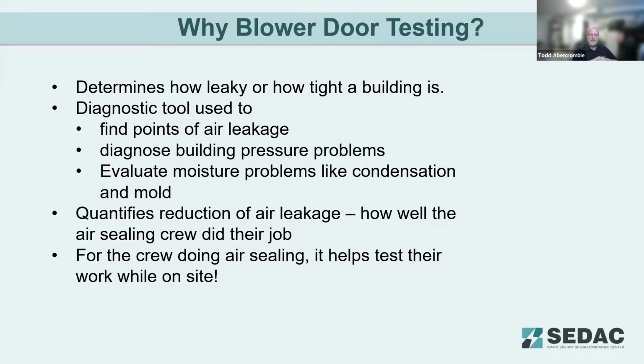You quite literally can feel them with your hand. You can carry a little smoker with you and smoke around certain areas and watch the air movements. It's a great learning opportunity, not just for the person doing the test, but for the occupant or building owner or whoever's using the building to understand where their air leaks are.